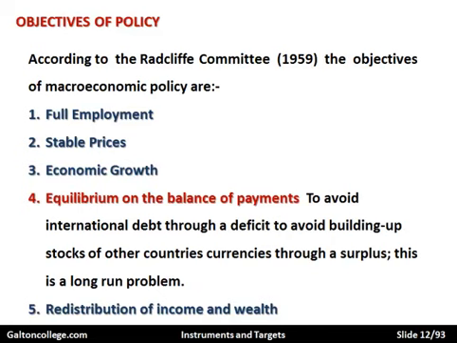Equilibrium on the balance of payments. Well, to avoid international debt through a deficit, and also to avoid building up stocks of other people's currencies through a surplus. This is a long-run problem, but if we have a deficit on the balance of payments, that means we have to find other people's currencies to pay for the debts, to pay for our imports.